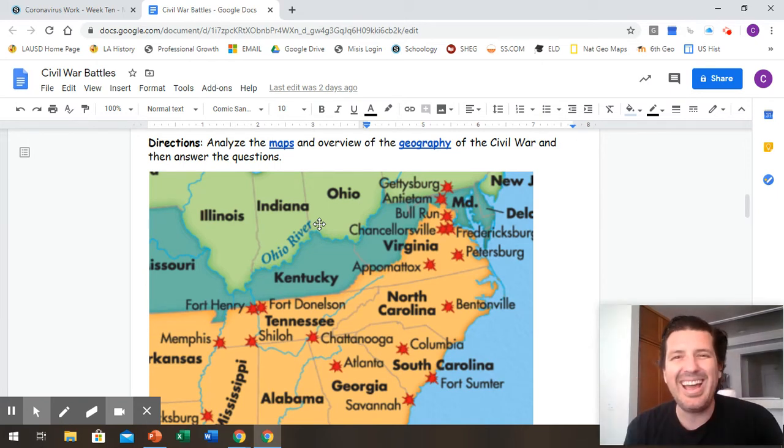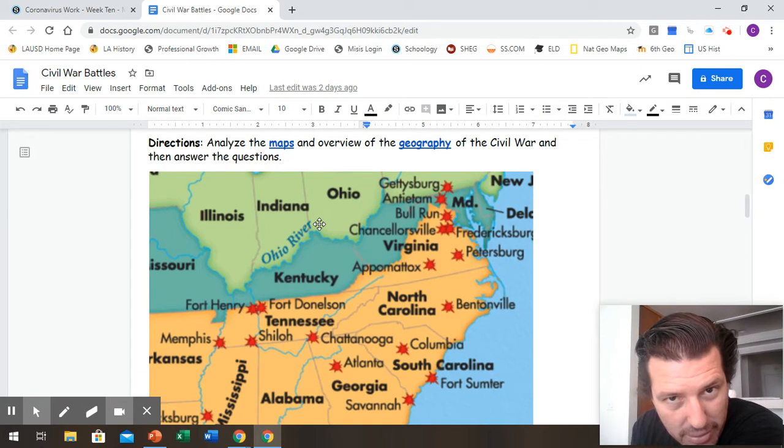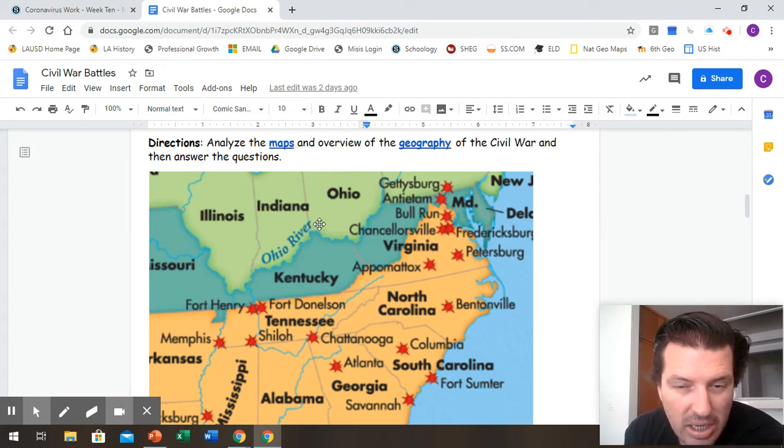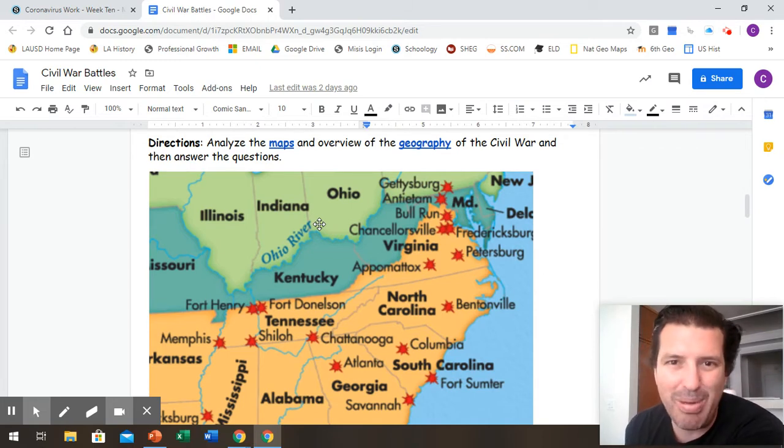So the North had to go to the South and fight the battles there because they wanted to get the South back. The South was like, why would we go to the North? We don't want anything to do with the North. So we're not going to fight any battles there. So that's why all the battles are fought in the South, because it was the North who had to go there, defeat the South on their own home turf in order to get it back.